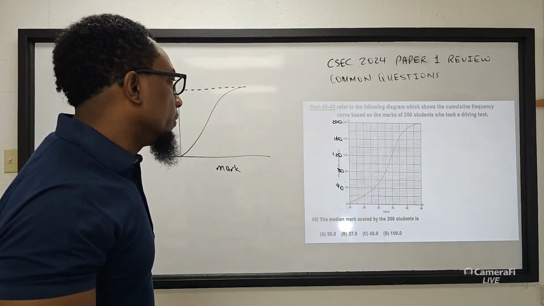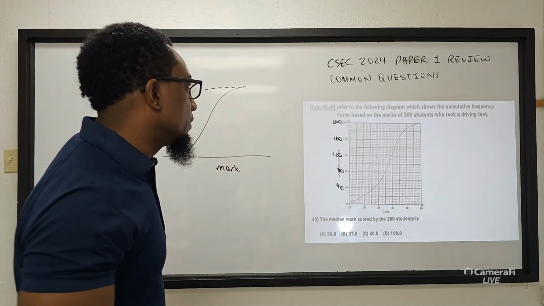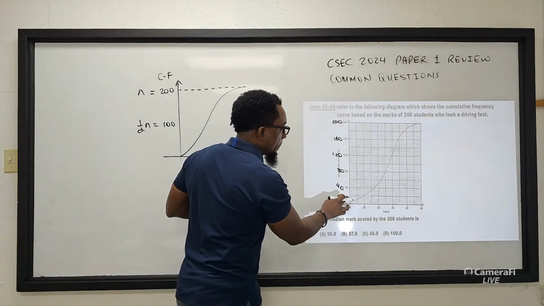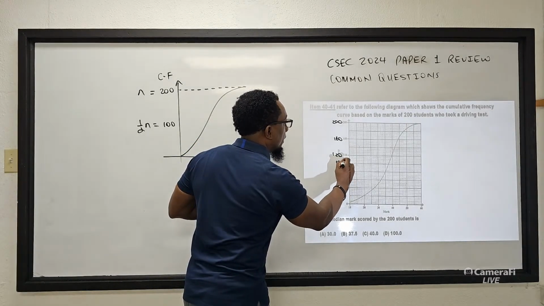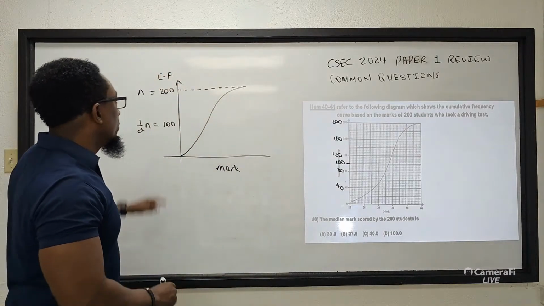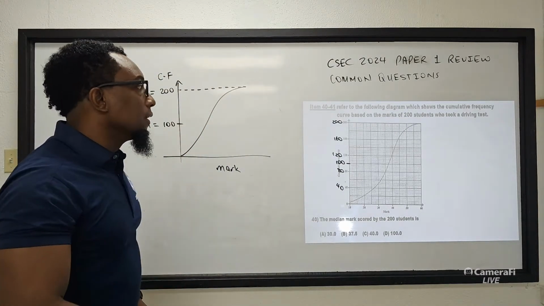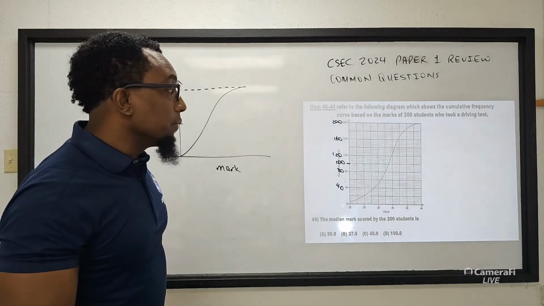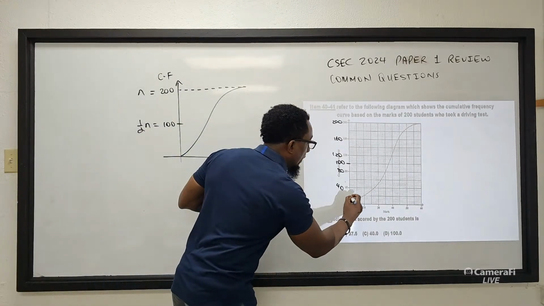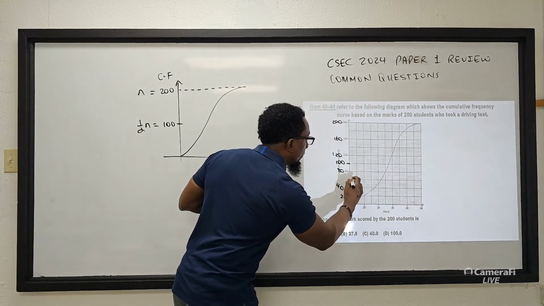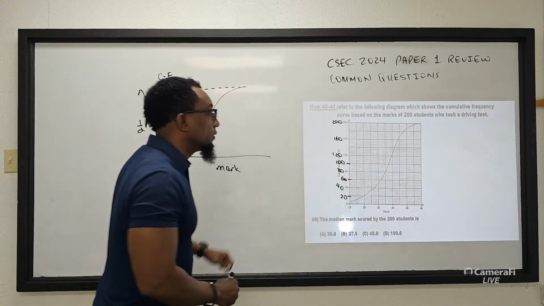So we know that this is 20 here, 40, 60, 80, this will be 100. Okay, so when we locate 100, what are we going to do to determine the median mark? So I'll just put here 20, 40, 60, 80, 100, right?